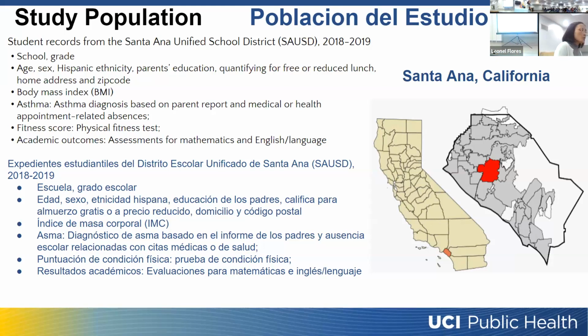This also includes the children's body mass index, their asthma diagnosis based on parental report, and health-appointment-related absences. It also includes the fitness score and their academic test scores for math and English language.